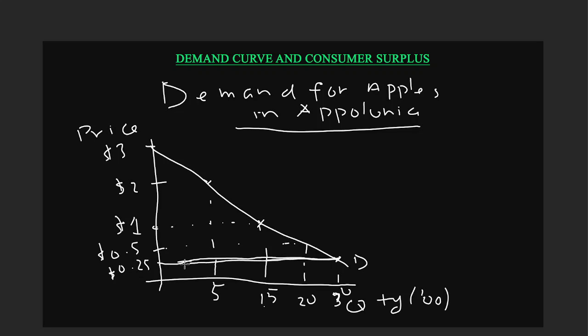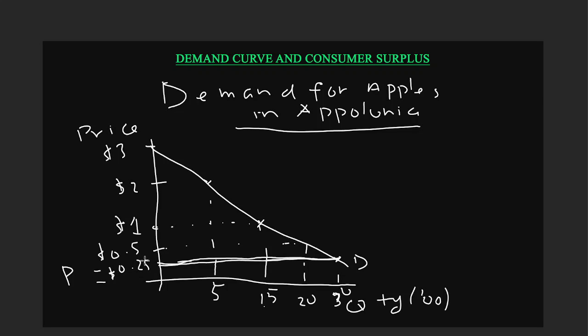Everybody who values the apple at 25 cents and pays a price of 25 cents does not have any consumer surplus. If you value a unit of apple at a quarter and the price is a quarter, then your consumer surplus is 0 because how much you value the product is exactly how much you pay.